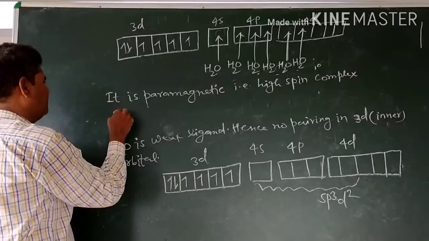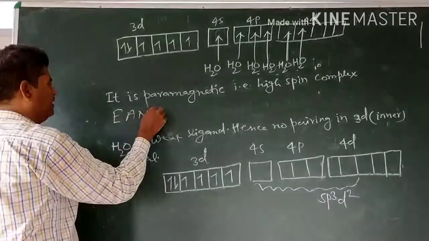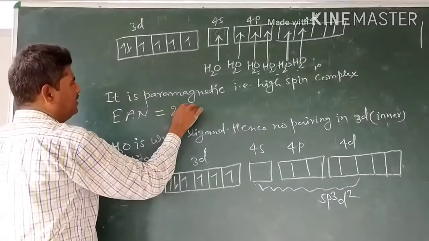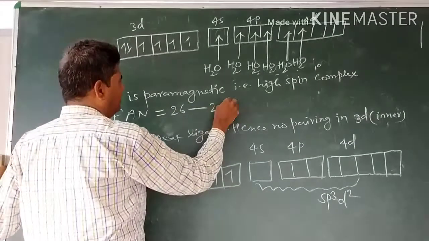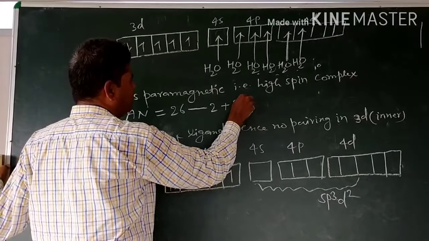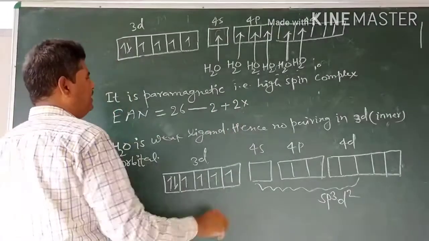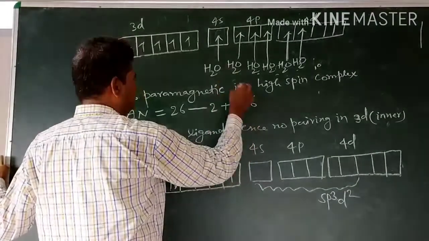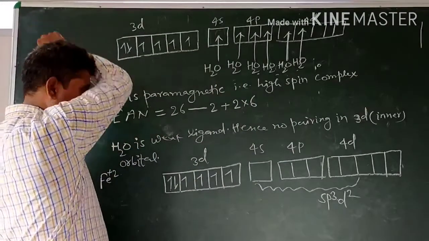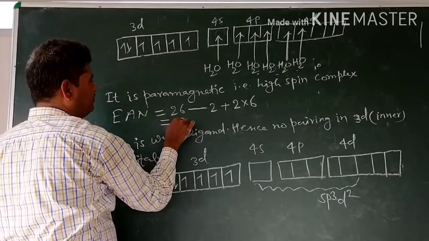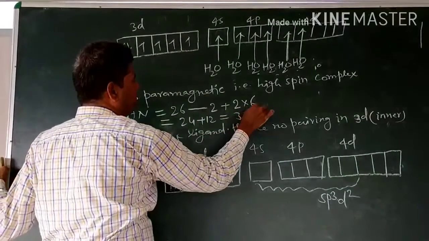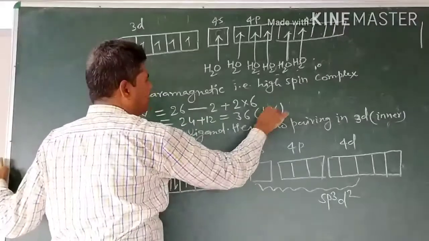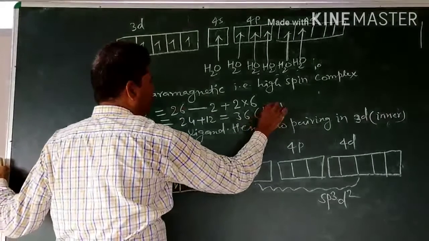Effective atomic number equals atomic number minus oxidation state plus 2 times the number of monodentate ligands. That is analogous to the inert gas krypton.